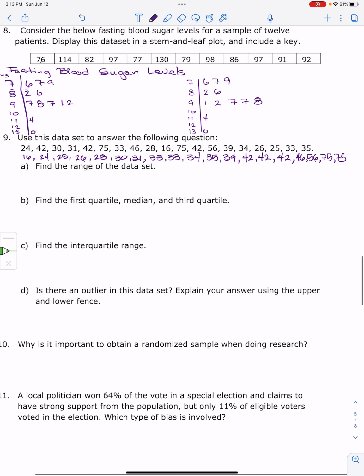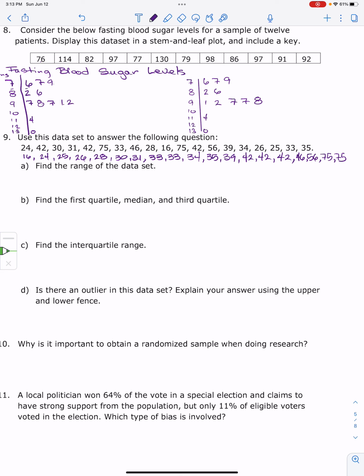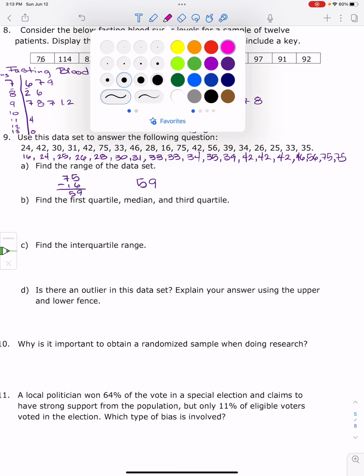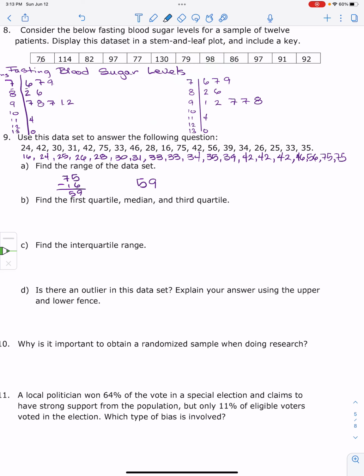Okay. So our range is our largest value minus our smallest value. When I subtract that, I get a range of 59. First quartile, median, and third quartile: I am going to start with the median.